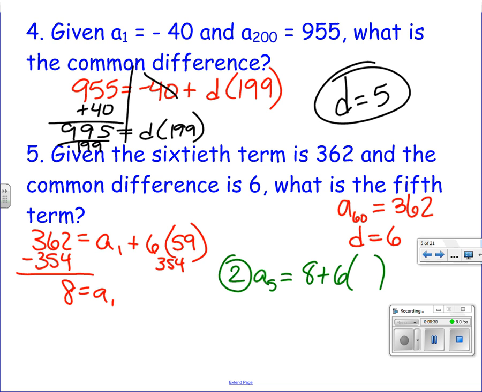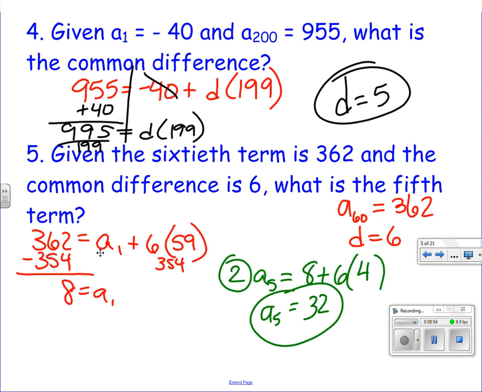And in this step, what is n? So you take 5 and you subtract 1, which gives you 4. Okay? All right, then I can type this in my calculator. And that's my answer.